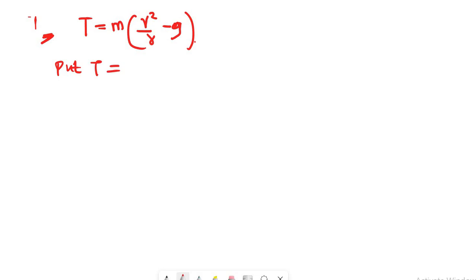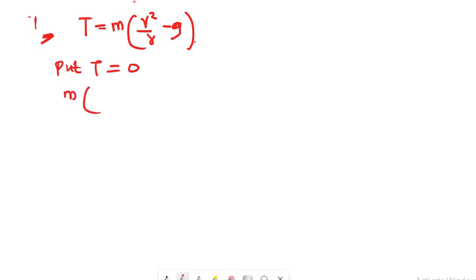Since tension equals m into bracket v squared over r minus g, to find the minimum velocity to keep the stone in motion, we put T to be zero at that point.